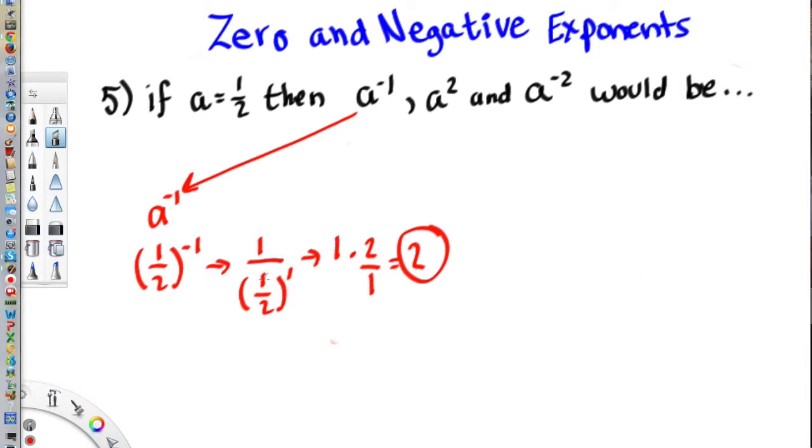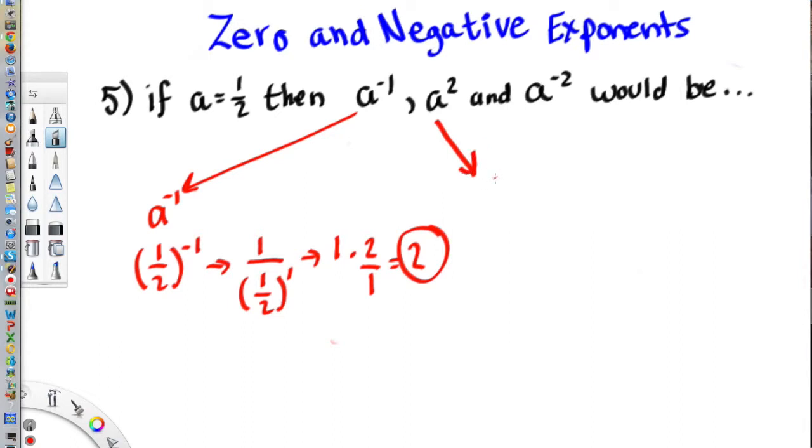I know that 1 divided by 1/2 is the same thing as 1 times its reciprocal, so I copied the first number down, I changed my division to multiplication, and then I flipped my fraction 1/2 to its reciprocal, 2 over 1. And then I multiply through. 1 times 2 is 2, and 1 times 1 is 1. And I know that 2 over 1 is 2. Okay, let's take a look at the next one.